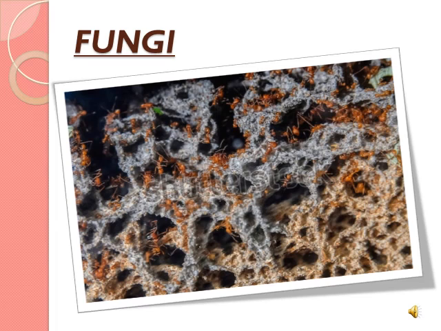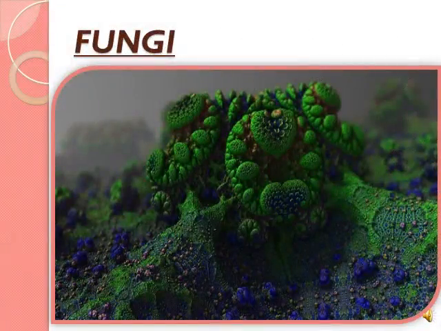Here is another example of decomposer. Microorganisms such as bacteria and fungi feed on dead plants and animals and decompose them into simple substances. These microorganisms play an important role in the decomposition of dead animals and plants. You can see another example of decomposers.